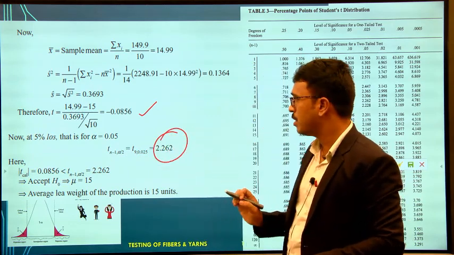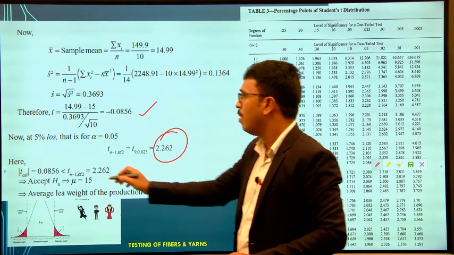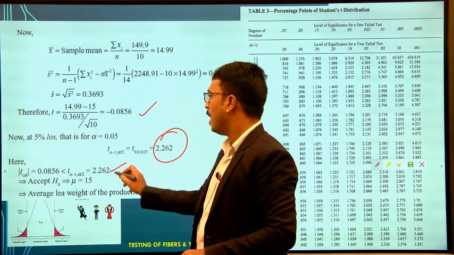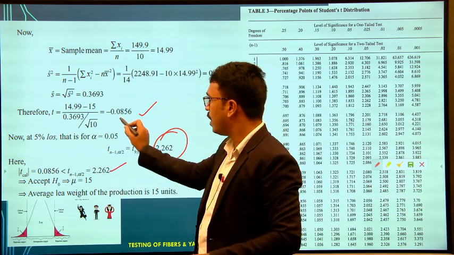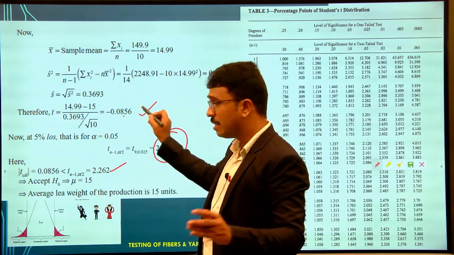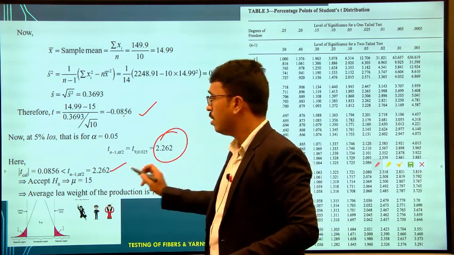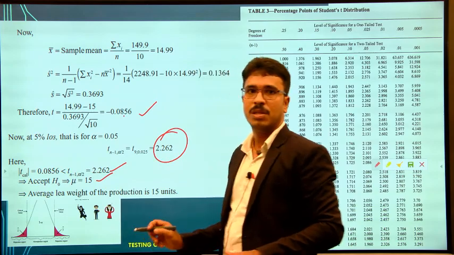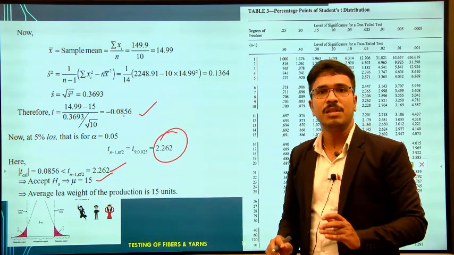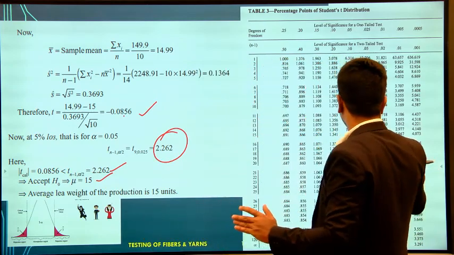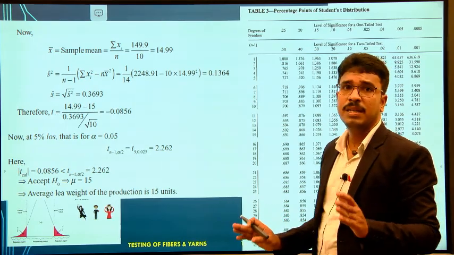The value is 2.26. We are comparing these two things, and the calculated value is less and the table value is more, so we are accepting our H naught. So likewise we have to go with this t testing.